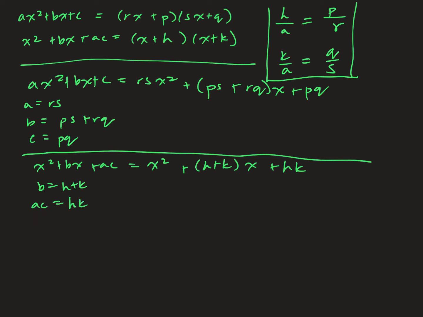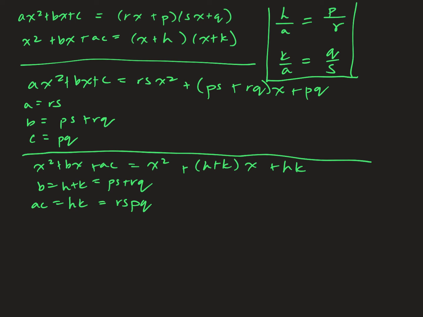Okay, well, now this becomes a transitive property of equality problem. So let's substitute in these values. So we have PS plus RQ, and we have RS, so that's A times C, which is PQ. Now I want us to remember that what we set as H and what we set equal to K is completely arbitrary as long as these relationships still hold.